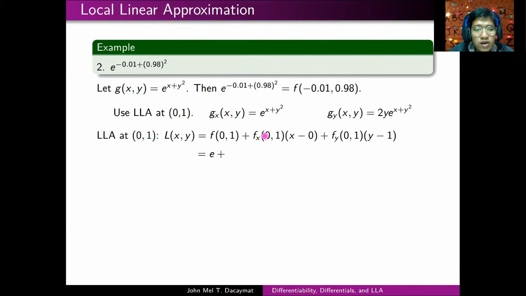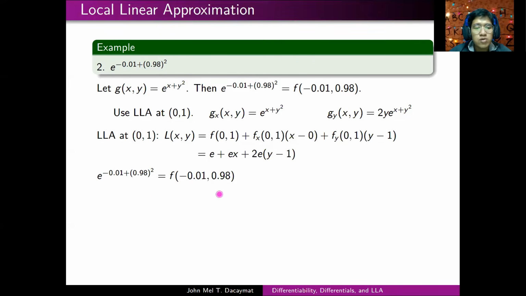Tapos f of x, or f sub x of 0, 1, ito yan. Same lang sila actually. So, e pa din yan, tas times x minus 0 or x. Tapos, itong f sub y of 0, 1, ito na yan, no? Yung y ko 1, yung x ko 0. So, 2 times 1 times e to the 1. So, I get 2e times y minus 1.